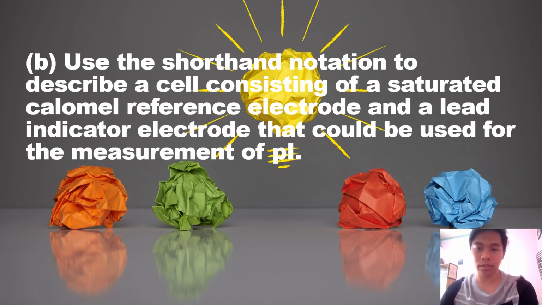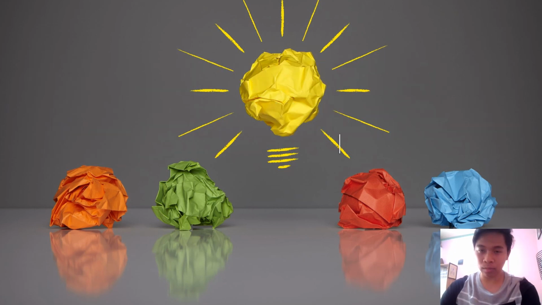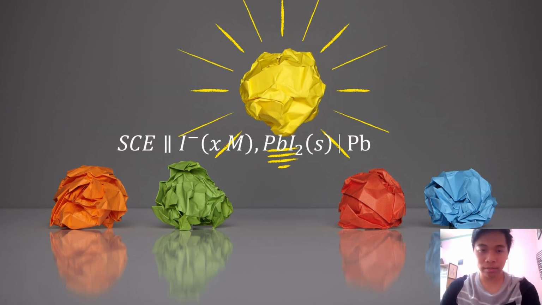So, following the formula, which is E reference, then the lines right here, and this is the concentration, then another line, E indicator.